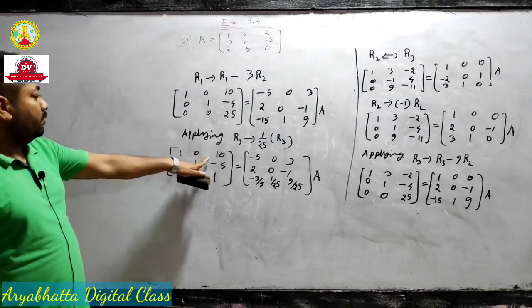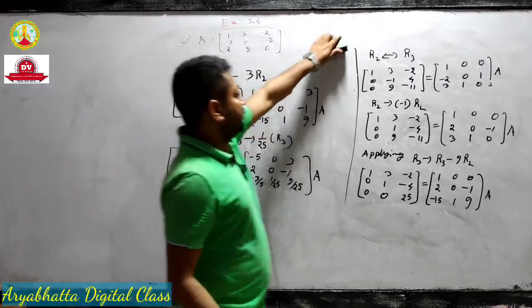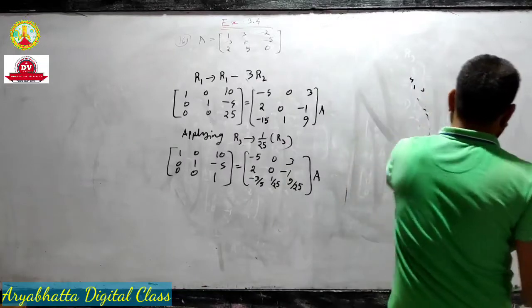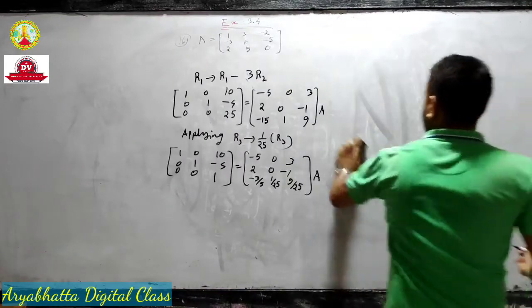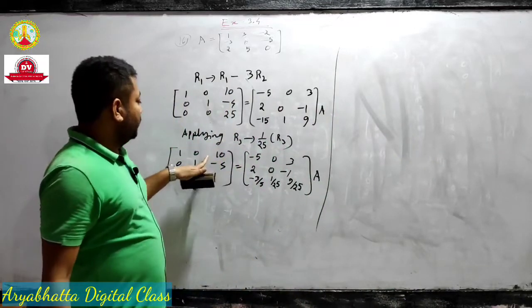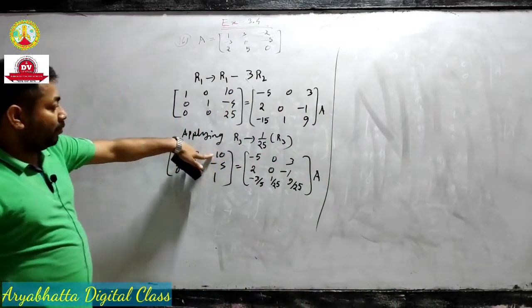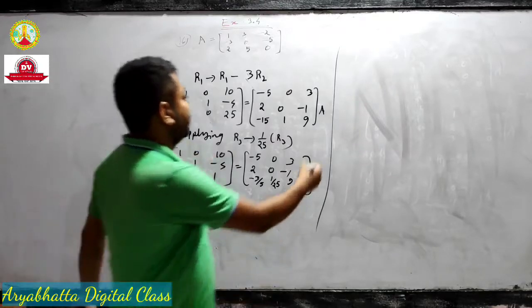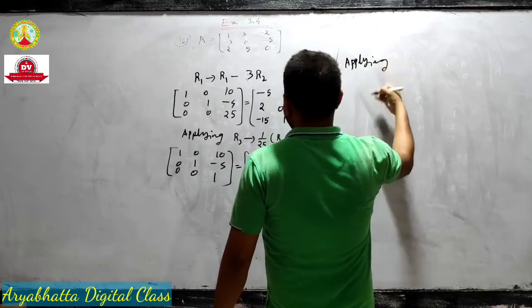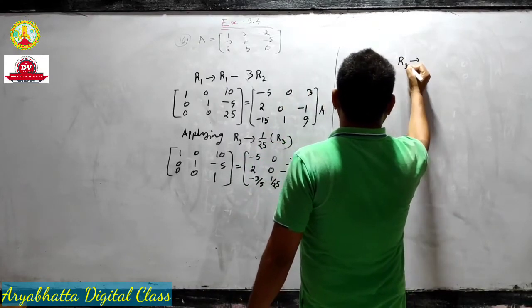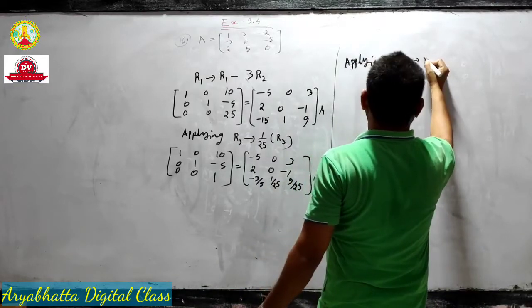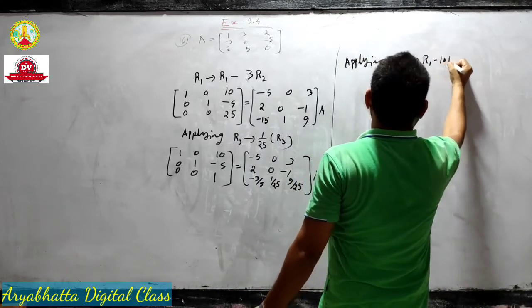Next, for these elements, these elements have to be equal 0. Therefore, we apply R1 tends to R1 minus 10 into R3.